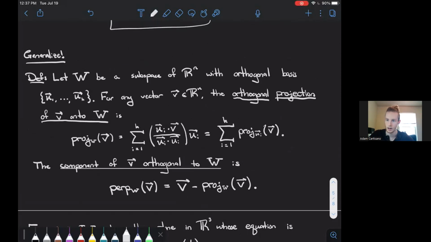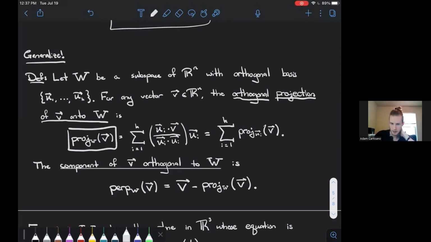Start with W any subspace of Rn, and equip W with an orthogonal basis, which we're calling u1 up through uk. Then for any vector v inside of Rn, the orthogonal projection of v onto the subspace W is denoted proj_W(v).